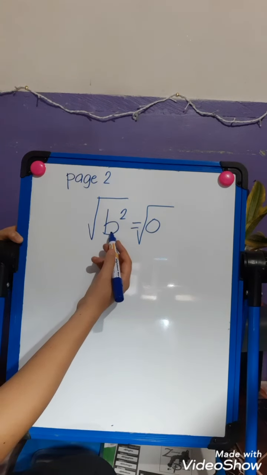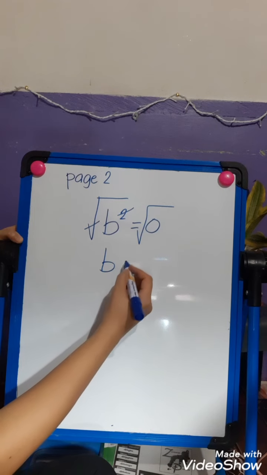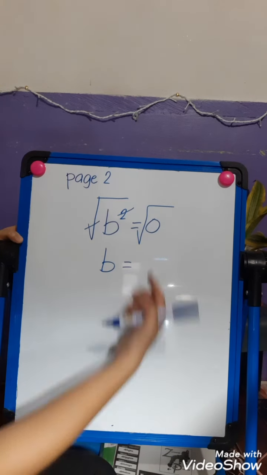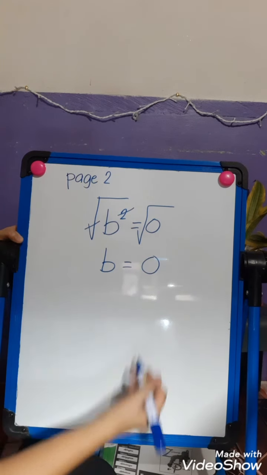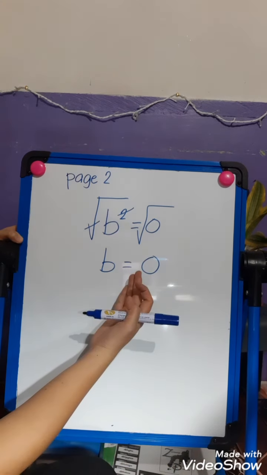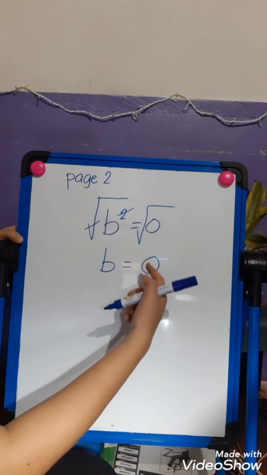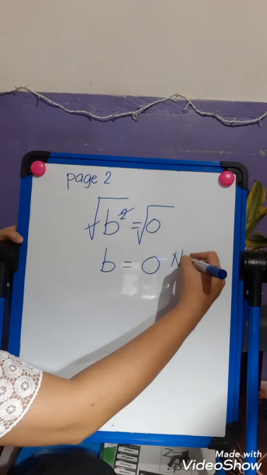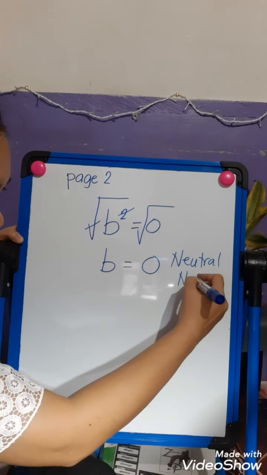So, square root of b squared, that will be b. And then, square root of 0 is just 0. You don't have to indicate the positive and negative sign because 0 is a neutral number.